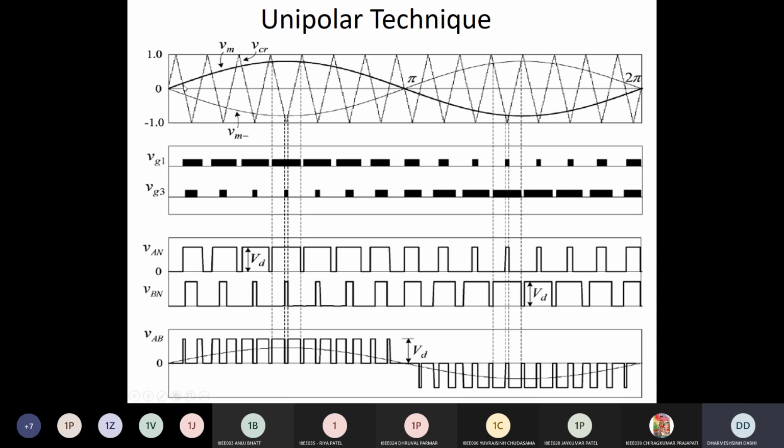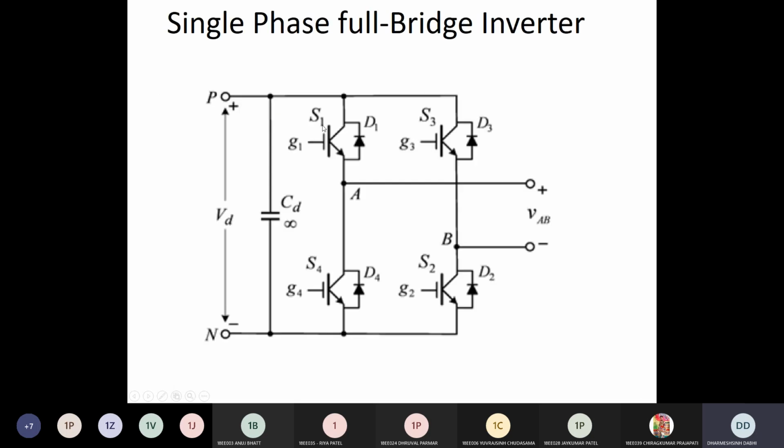Now here when this positive sine wave is greater than this triangle wave, at that time they generate the gate pulse VG1. Clear? And that gate pulse VG1 is applied only to switch S1. Remember this thing, only applied to S1, not S1 and S2.